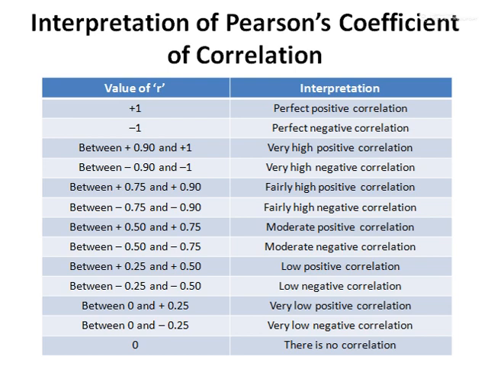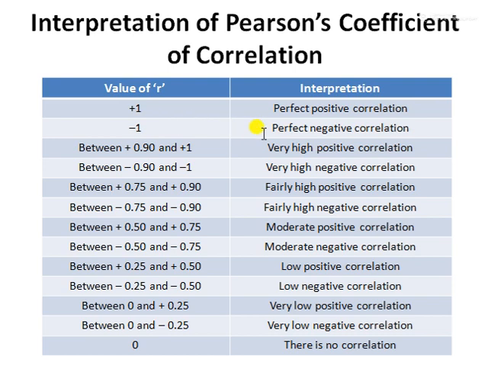Now let us see how to interpret Karl Pearson's coefficient of correlation. This table shows how we can interpret the various values of r. If r is plus 1, there is perfect positive correlation between the variables.